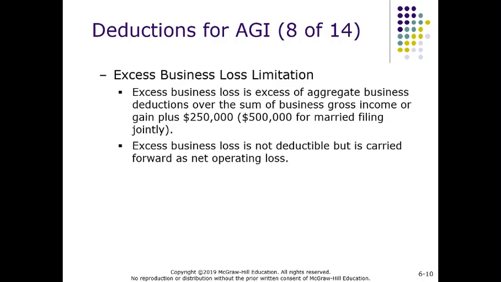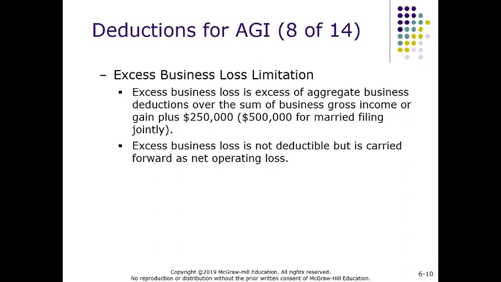Now there's a new thing out here called the excess business loss limitation. It's new for 2018. You will not be responsible for anything other than to know that excess business loss is the excess of aggregate business deductions over the sum of the business gross income plus $250,000.